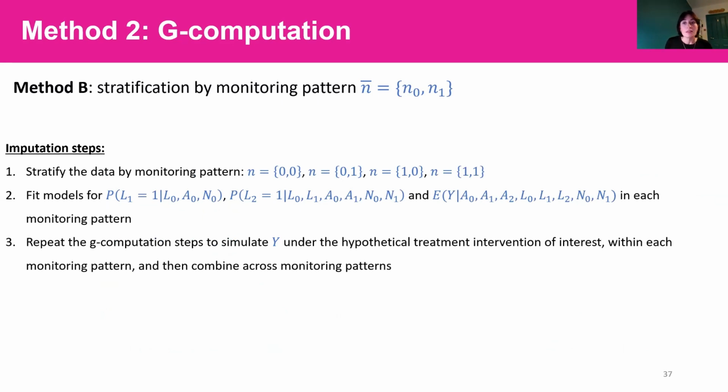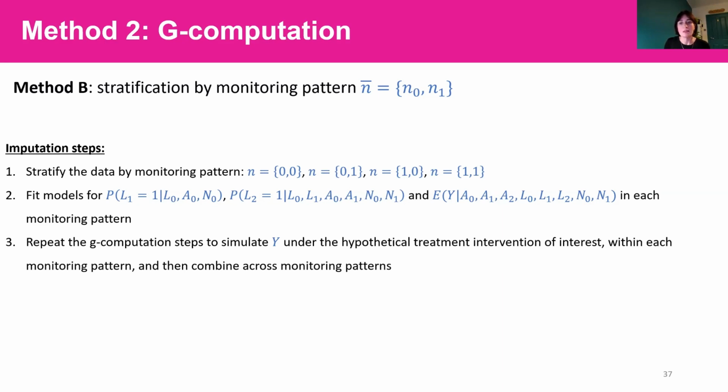Alternatively, we can implement this G computation method without requiring imputation of L star by exploiting the fact that L star is only a confounder when it's observed. Here we stratify the data by each monitoring pattern, and then fit models for our observed covariates L1 and L2, and for the outcome Y, conditional on any past observed covariate monitoring and treatment history.